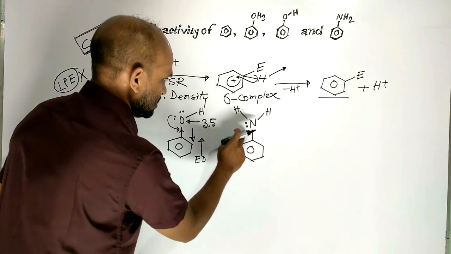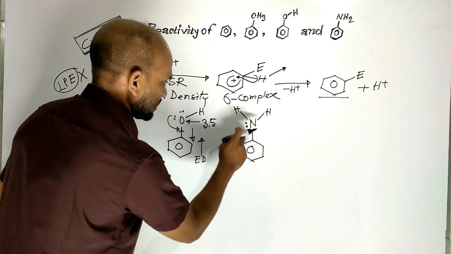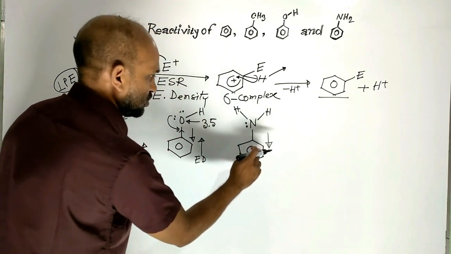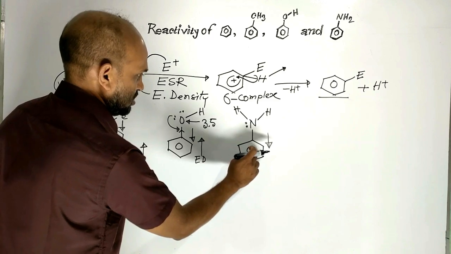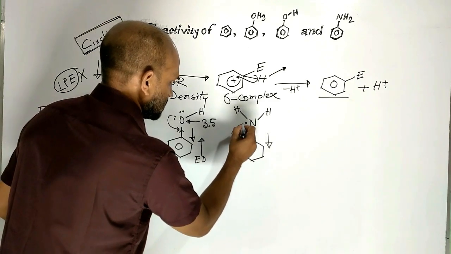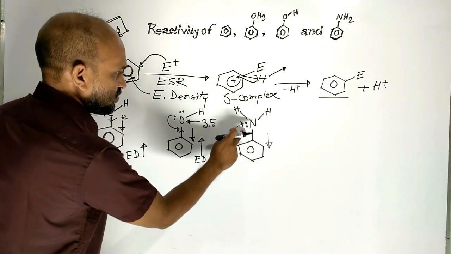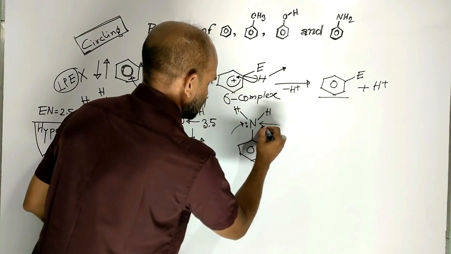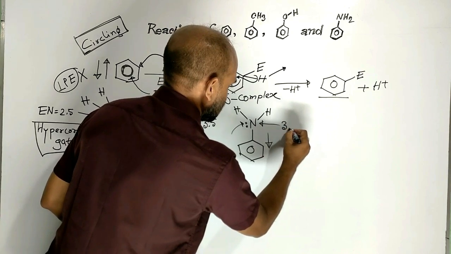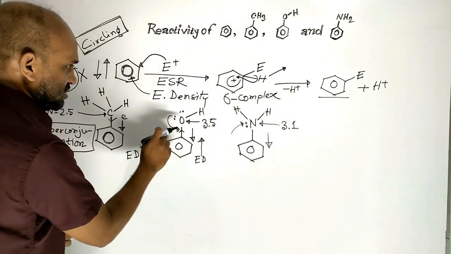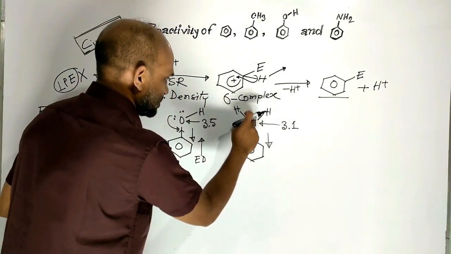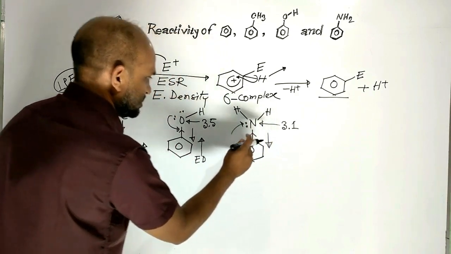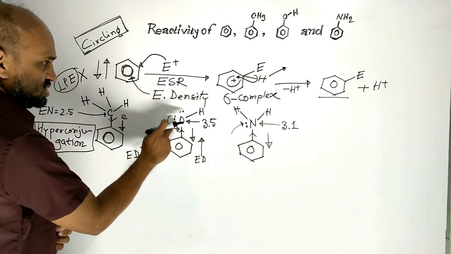Now, let us see about aniline. We know that phenyl group is electron pulling group. This is number one. Number two, nitrogen has one free pair of electrons. Number three, its electronegativity is lower than oxygen. That is, nitrogen pulls electron from the benzene ring less than oxygen.